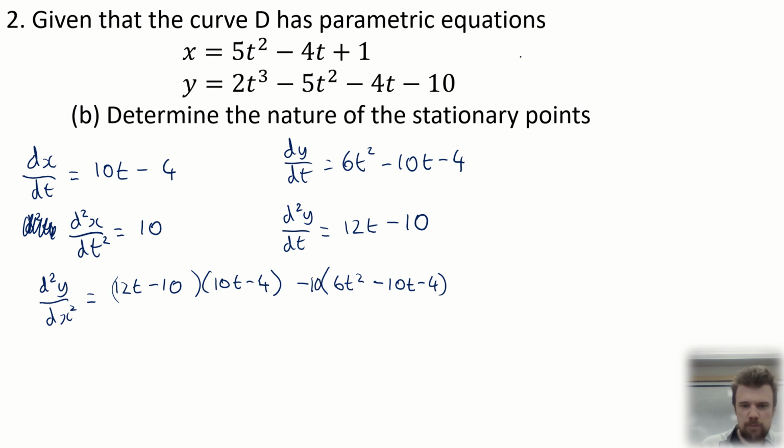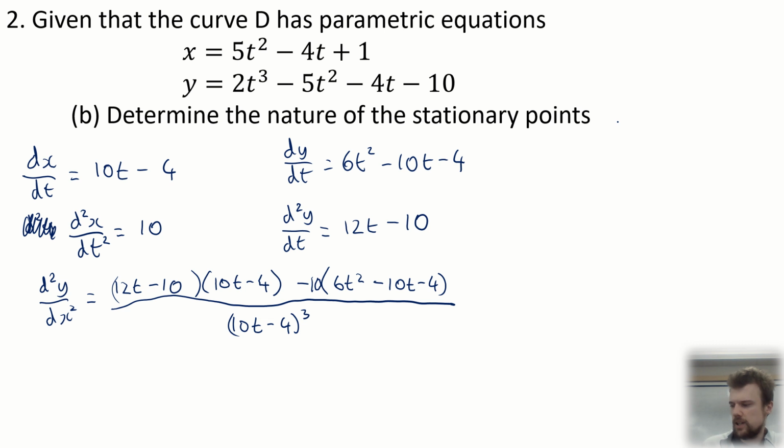Minus 10 lots of that quadratic, all divided by dx over dt all cubed, so that's 10t minus 4 all cubed. Admittedly, the top of this fraction could simplify, but I'm not going to bother because we're immediately going to be plugging a number in, and it's still going to be a quadratic. So we'll save a bit of time, but not tons of time.